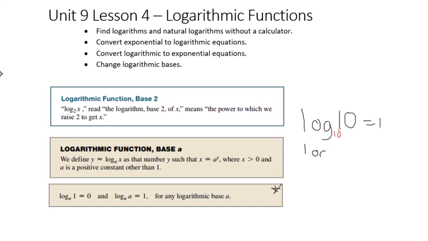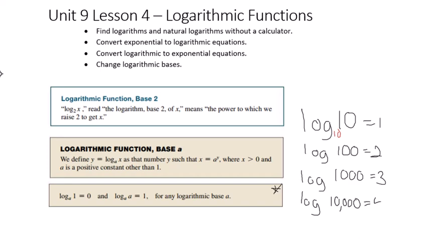So log of 100 is 2. Log of 1000 is 3. Log of 10,000 is 4, because 10 to the first power is 10. 10 right here to the second power is 100. 10 to the third power is 1,000. 10 to the fourth power is 10,000.